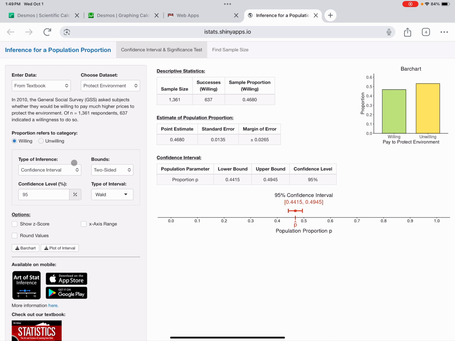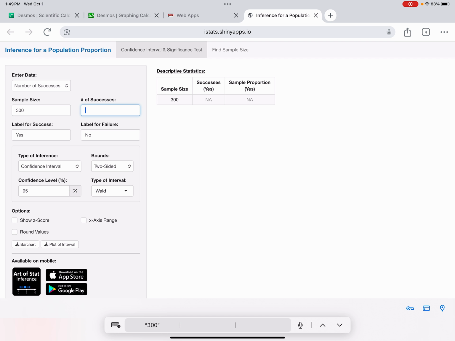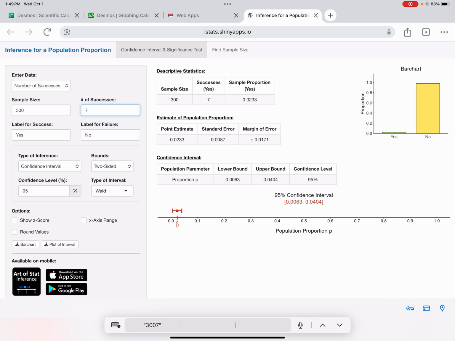Now, I don't want to do an example from the textbook. I have my own example. We'll go to number of successes. That gives you a place to put in the sample size and the number of successes and all of that good stuff. So in our case, our sample size was 300. And we had 7 headaches out of the 300 in our sample size.